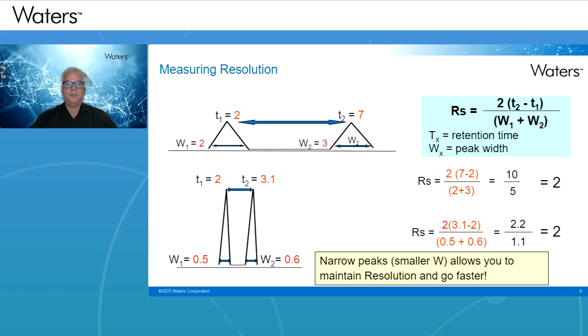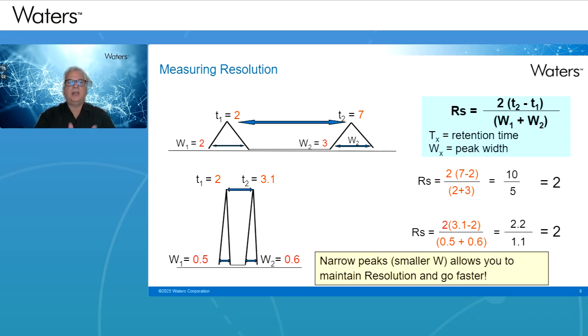One thing we will also review very quickly is the resolution. We have on the top the resolution equation. So we are looking at 2 times T2 minus T1 divided by W1 plus W2. The W1 and W2 are the peak width, and the T2, T1 are the retention time of my peak. So this is easy to calculate. And I'm showing you this because sometimes we use a calculator and we get something on a smaller particle that comes much faster.